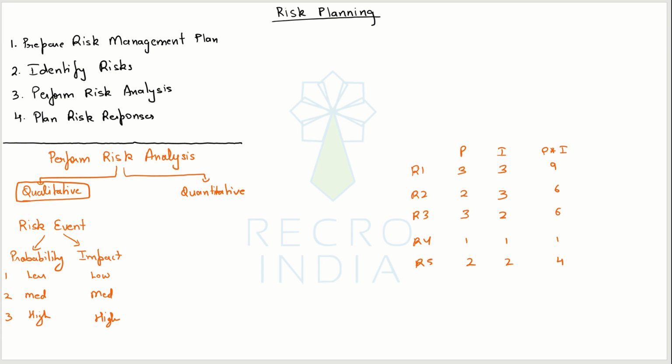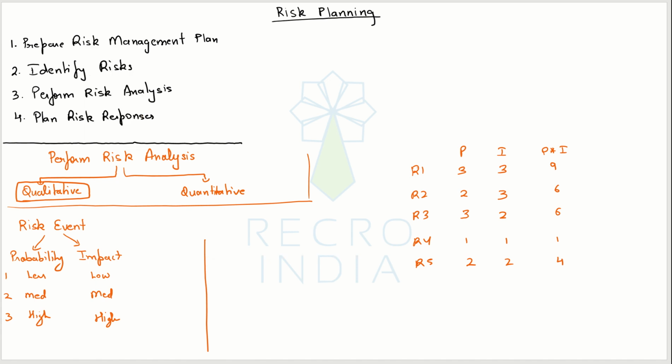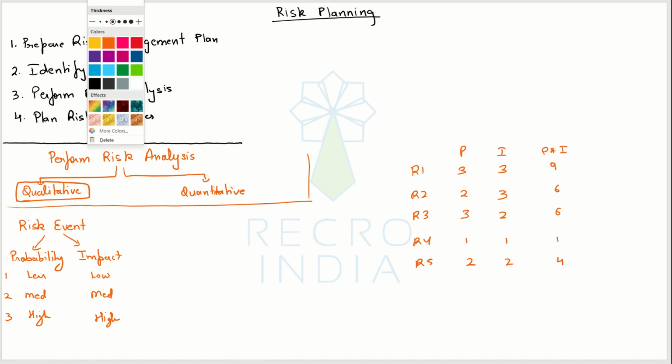However, we are still not done here, because what we further want is some sort of mechanism to help us decide how important each risk is. Now for that purpose, I'm just going to change the color of the pen quickly.